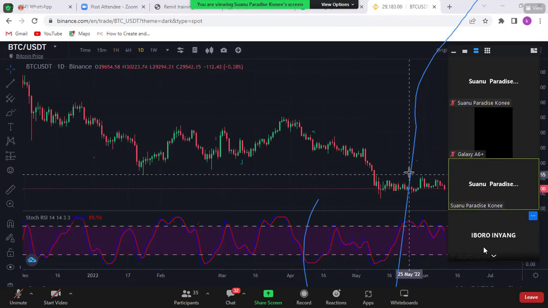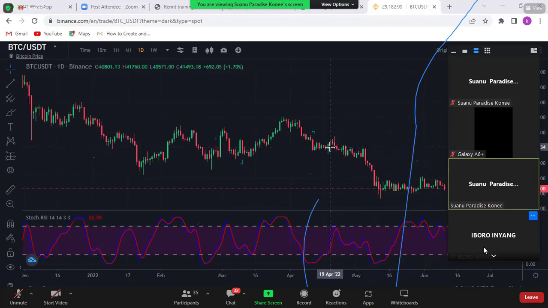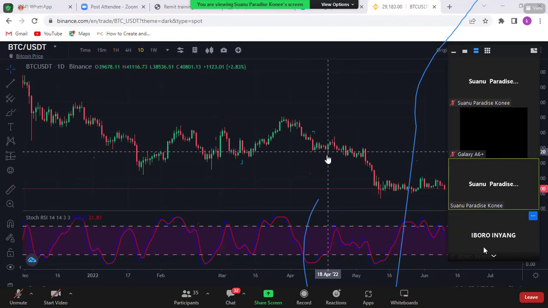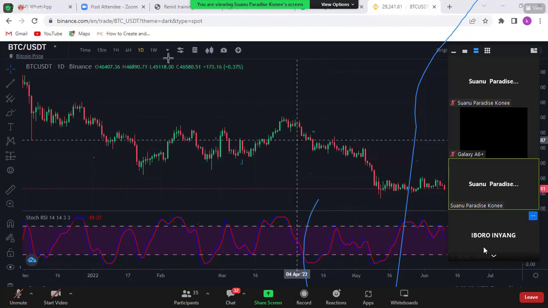Always go to the higher time frame, because the lower time frame will always take you out of the market. So that is why I said don't go to the lower time frame as a beginner, except you already know what you are doing.